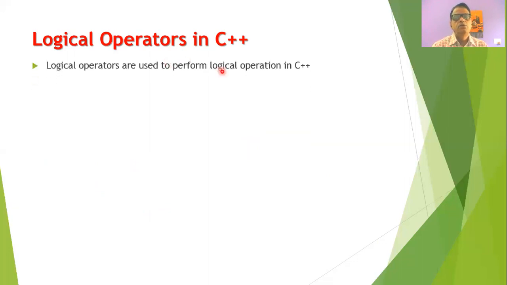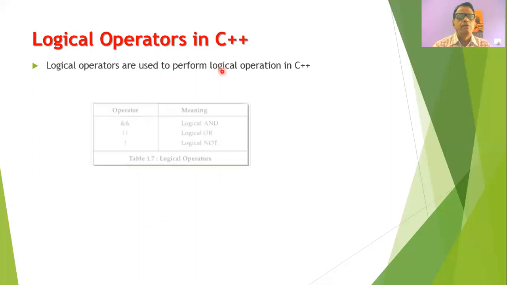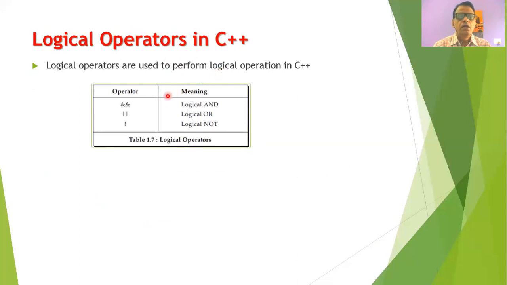Logical operators are used to perform logical operations in C++ programming language. There are three commonly used logical operators. The first is the logical AND, represented by the double ampersand symbol.